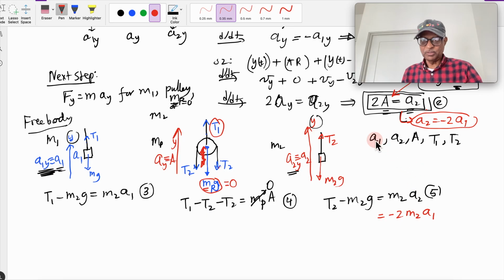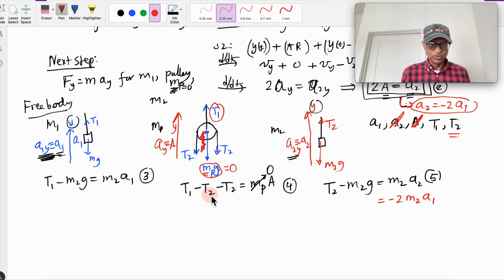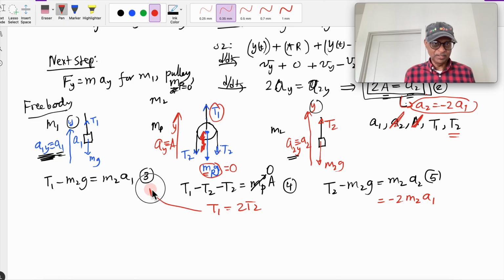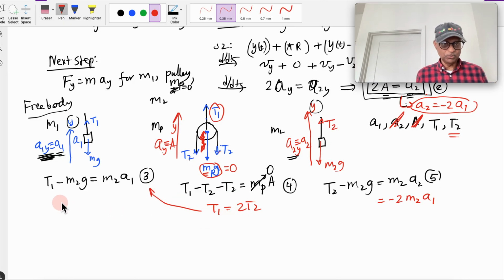So we got rid of A2. Now we can get rid of T2, or we can get rid of T1. So T1 equals 2T2. Now plugged in here, let's get rid of T1. So 2T2 minus M1g is M1 A1.